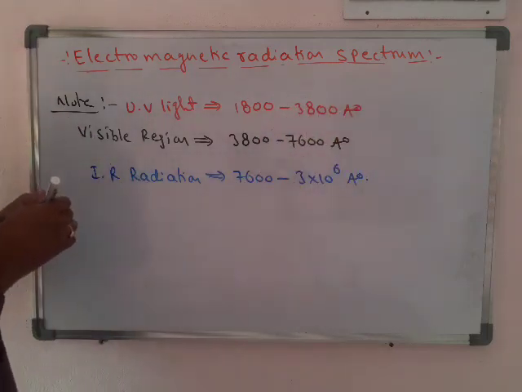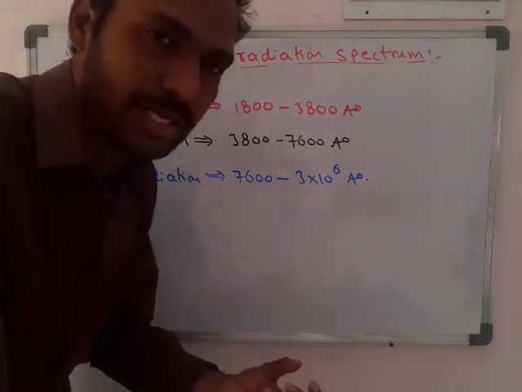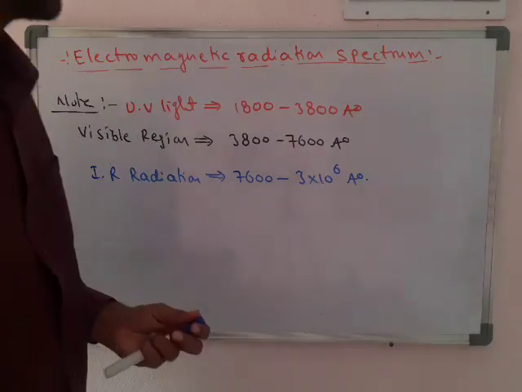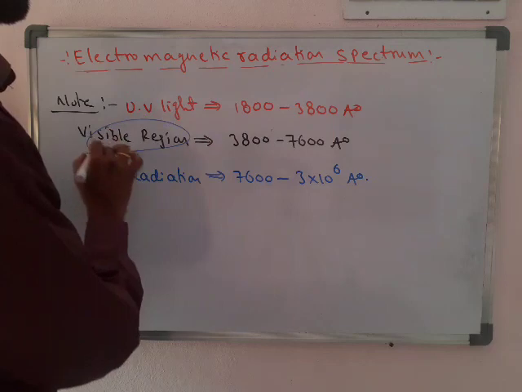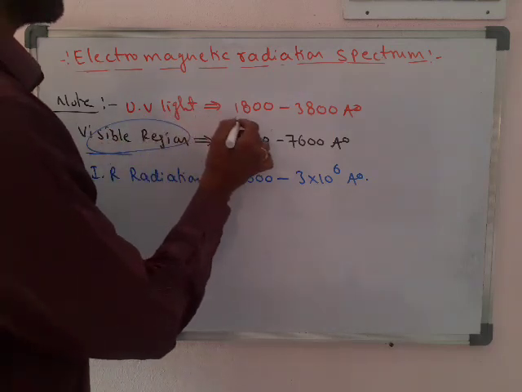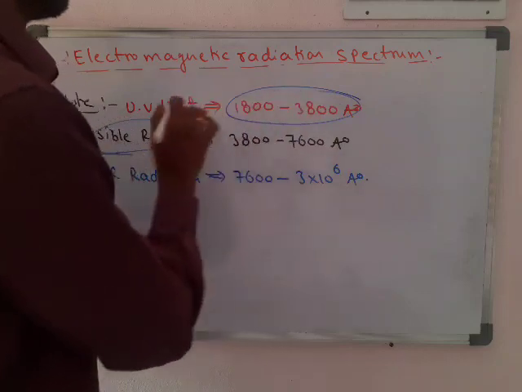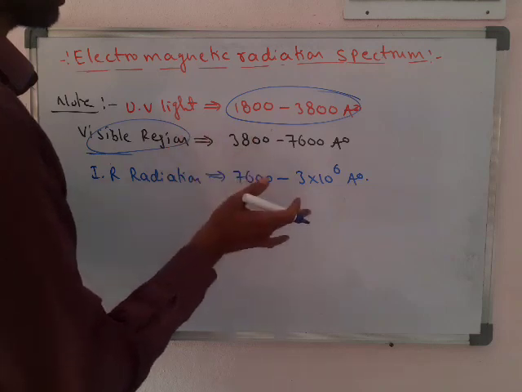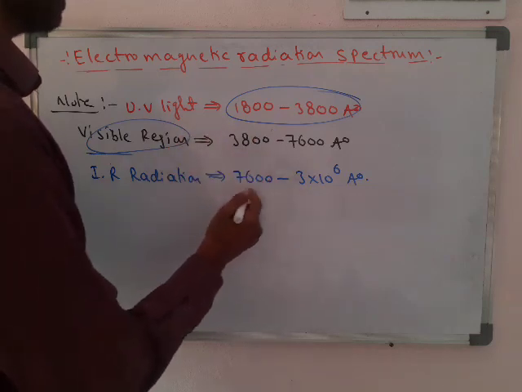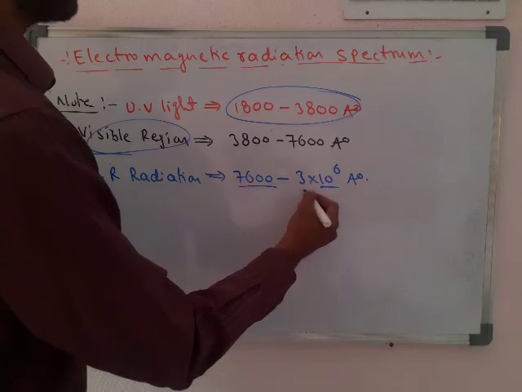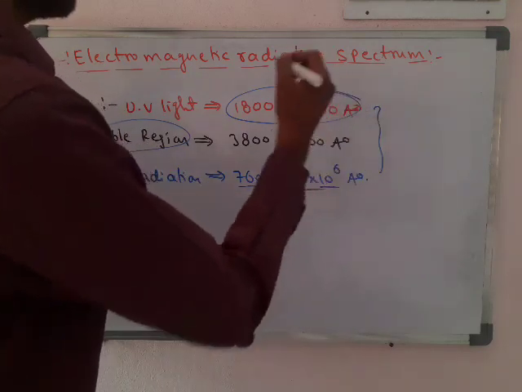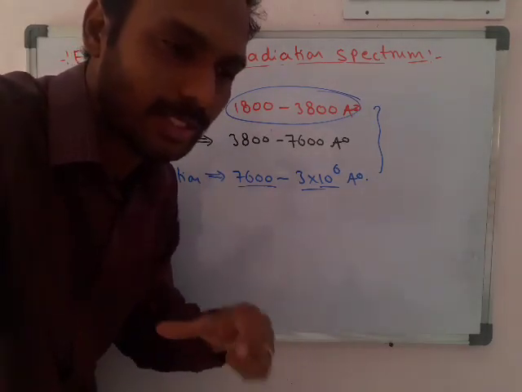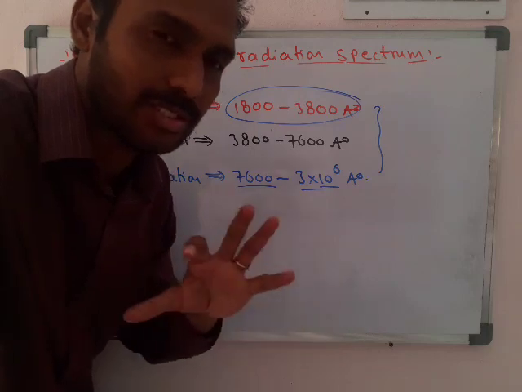We should at least remember these, though identifying wavelengths of the types of radiation is not the most important thing. Relative to the visible region, the left side, with lesser wavelength, is ultraviolet at 1800 to 3800 angstroms. The right side, with more wavelength, is 7600 to 10 power 6 approximately. At least we have to remember this. So try to memorize the electromagnetic radiation series.